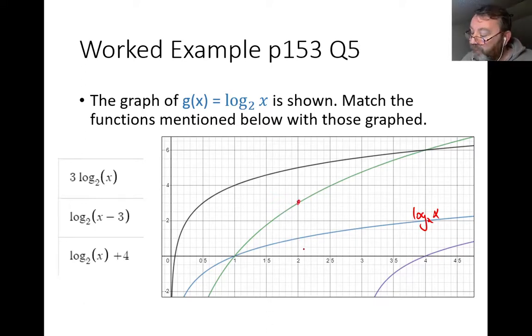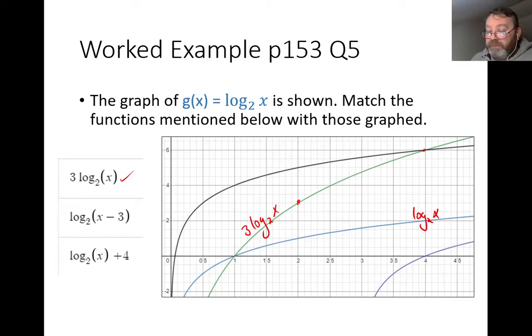Let's take another one that's easy to read. Let's take this one here, 4, 2. Now, if I take that height of 2 and I multiply it by 3, it goes to a height of 6. So it's definitely the green line. So the green line is 3 log to the base 2 of x, because it's 3 times higher in terms of the outputs than the original function. Okay, so that's that one taken care of.